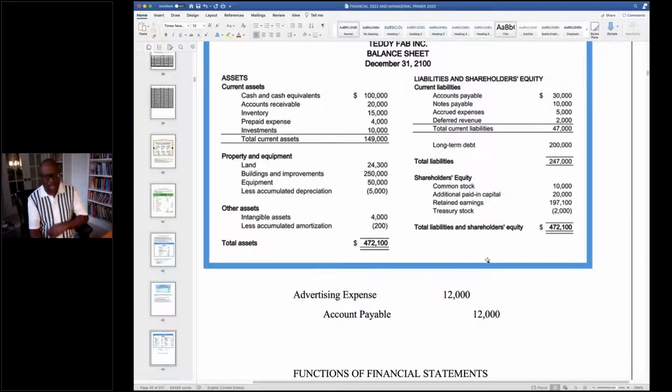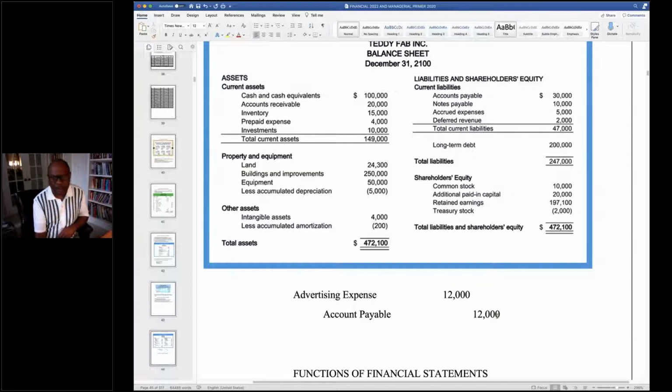Okay. So what happened? You received something of value, advertising. People did ads for you. That's an expense. That's what you received of value. You gave the person who did the advertising an account payable, meaning you would pay him later. And so therefore, you owe him $12,000.